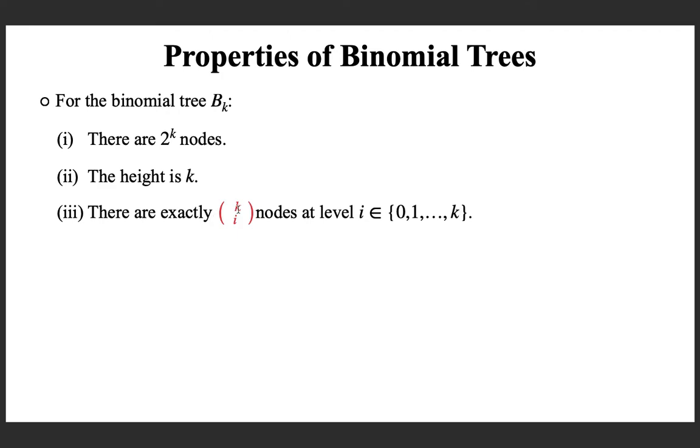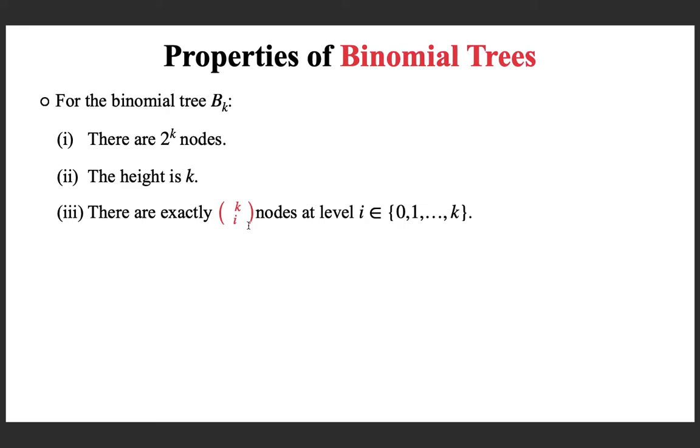So it is the I combinations of k, that is k choose I binomial coefficient, and that is why these trees are named as binomial trees. That is the reason for the name binomial trees, because at ith level of Bk the number of nodes is k choose I, that is k factorial divided by I factorial into k minus I factorial.